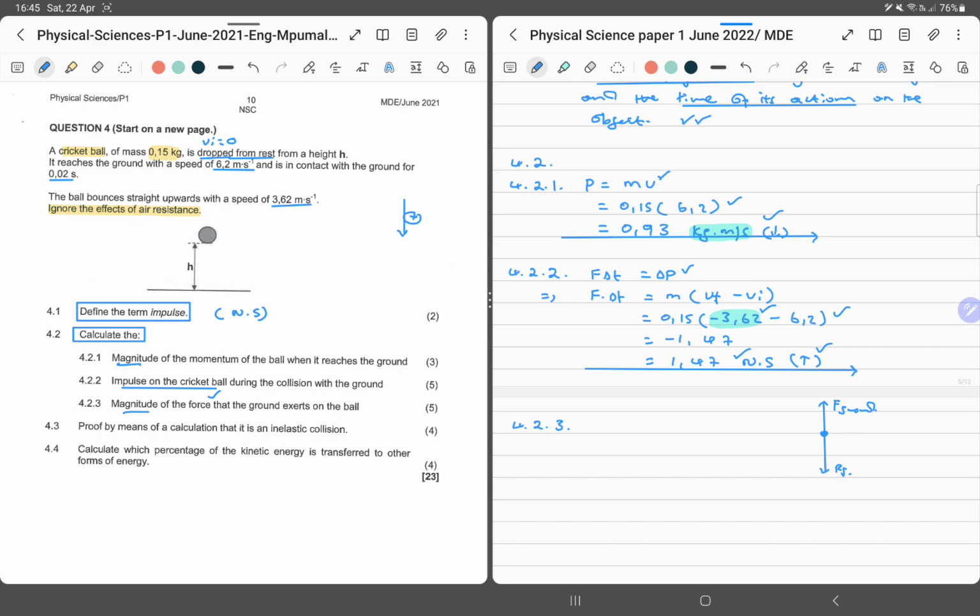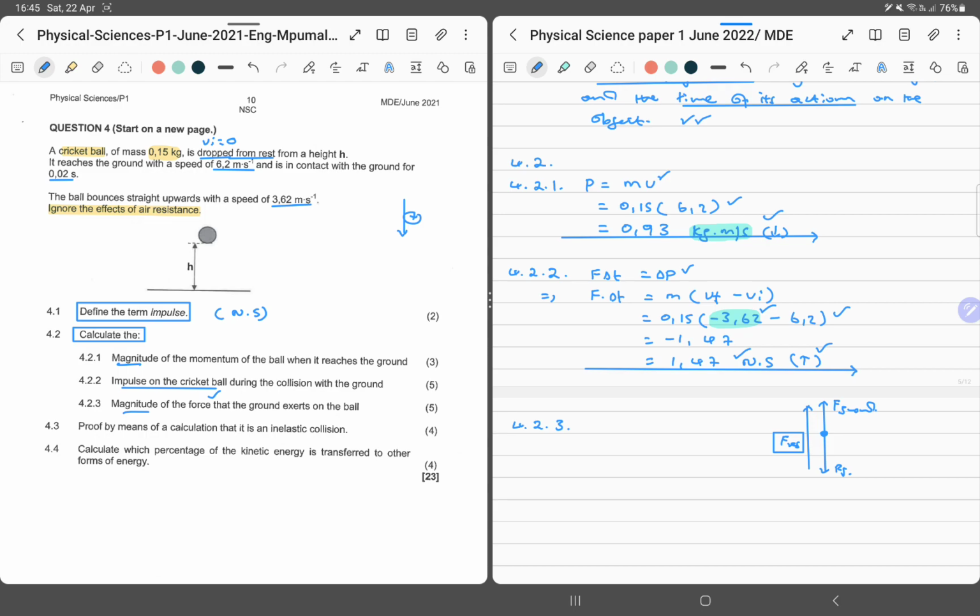But now we can tell that the impulse is upward, so it means the resultant force is going to be upward, since we could see that the product of the force and the time duration was essentially negative. So we know that the resultant force is upward, which means the force by the ground is greater than the gravitational force.